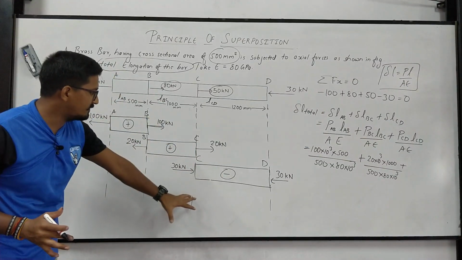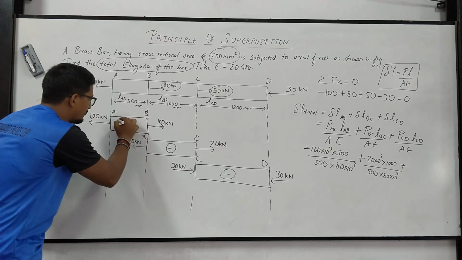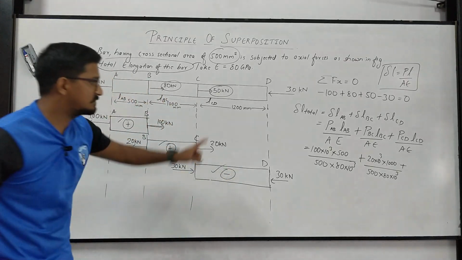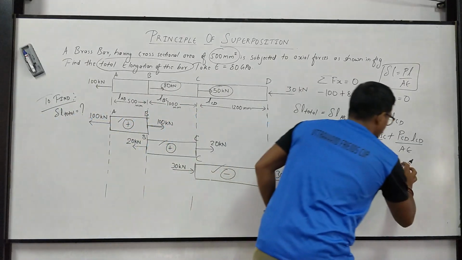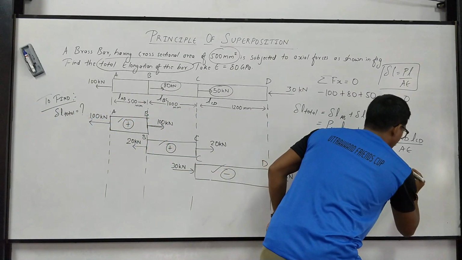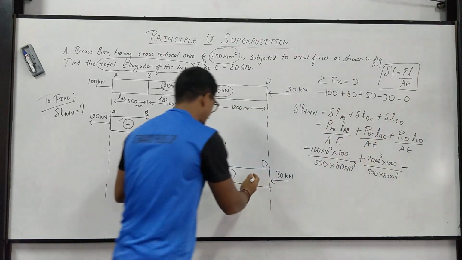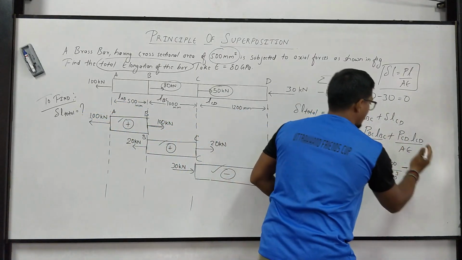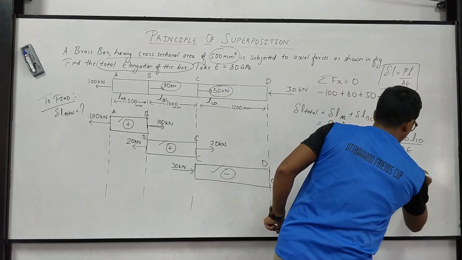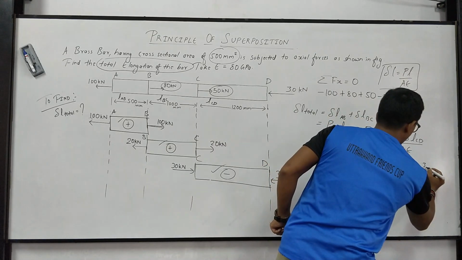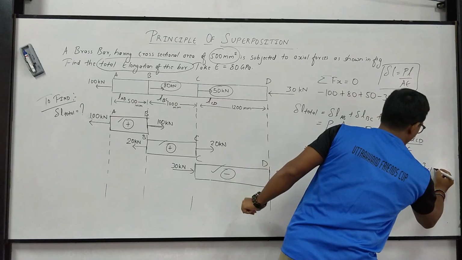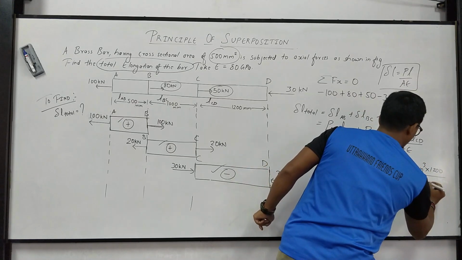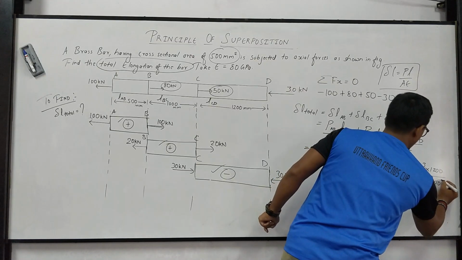But before going into CD, make sure this is positive, but this one is negative. So I have to put a negative sign here, since this section is under compression. So minus 30 into 10 raised to 3 into 1200 divided by 500 into 80 into 10 raised to 3.